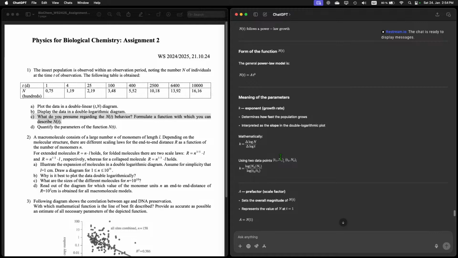Mathematically, delta log n over delta log t, log n2 minus log n1, log n2 by n1, right? Or something like that.